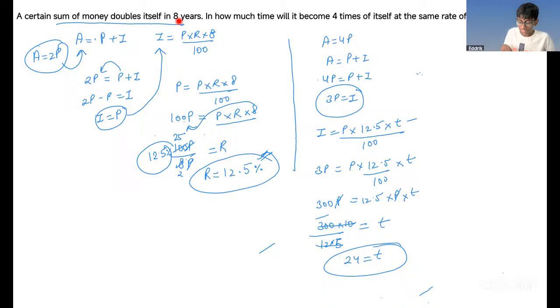So in 32 years, the interest will be 4P, and the amount will be 5P, because amount is equal to interest plus P.